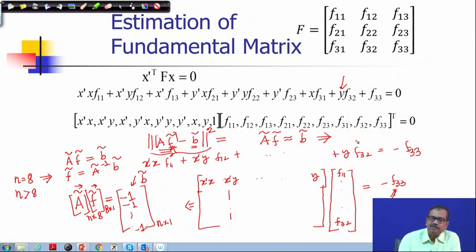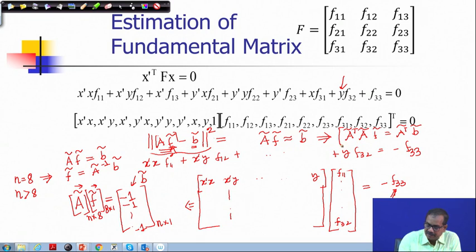Just for the sake of easily remembering this aspect, what you can consider is that you multiply transpose of A on both the sides.